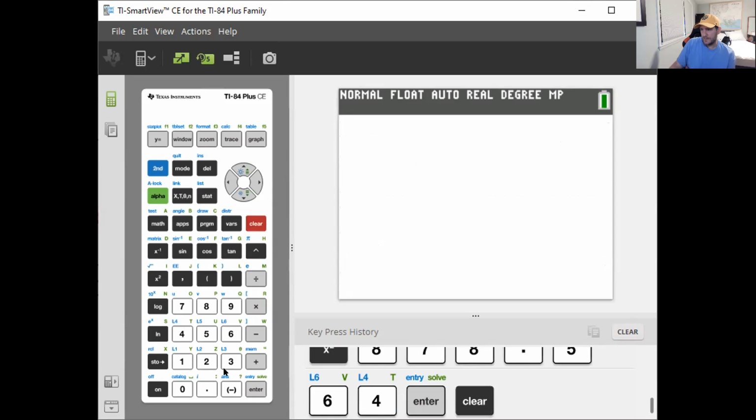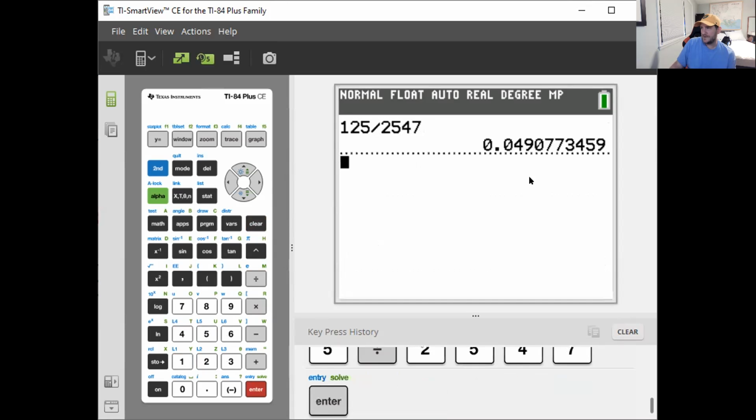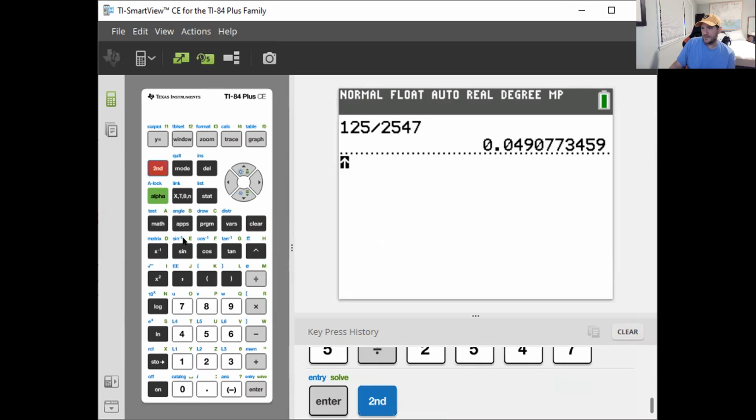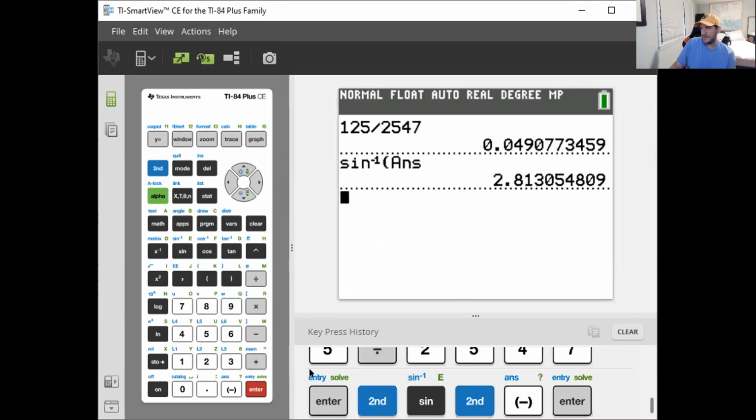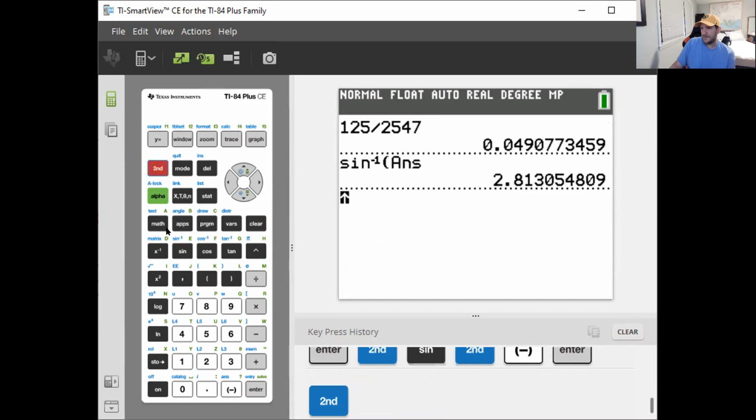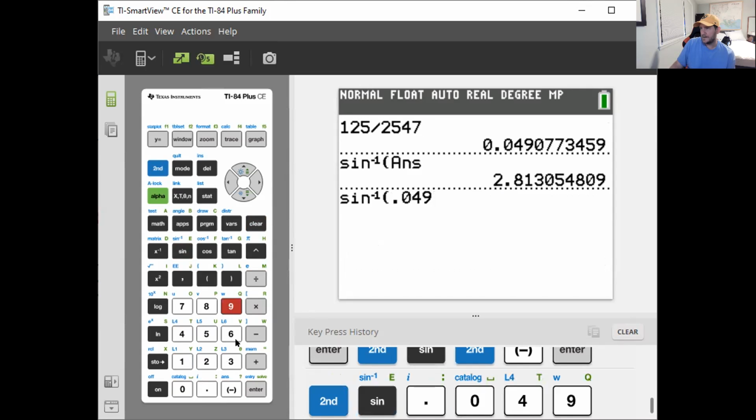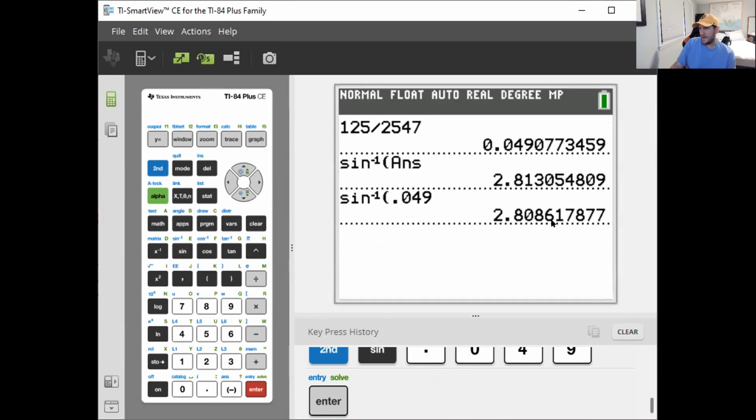So for example, 125 divided by 2,547. Imagine if you had this decimal. If I do the inverse sine of that decimal to get some answer, I get that. What if I do the inverse sine of just rounding this off, 0.049? I'm off by quite a bit here, right? I would be expecting you to say 2.813. You'd be saying 2.808. You're off by 5 thousandths, and I expect you to be off by no thousandths. So you can see there is a difference there.